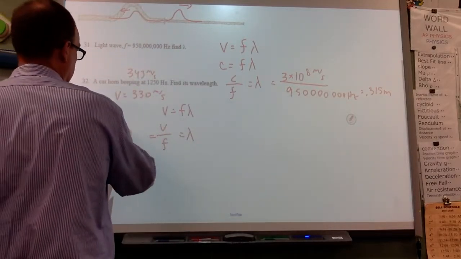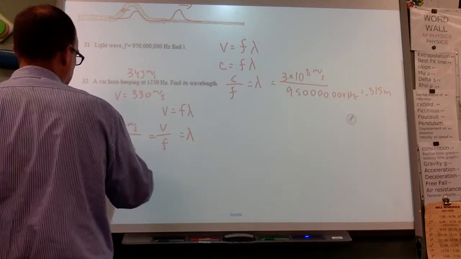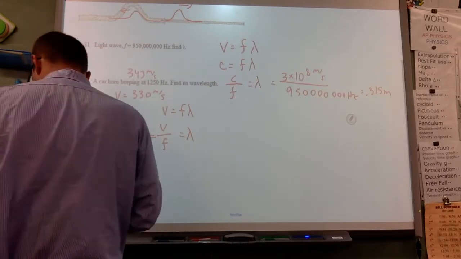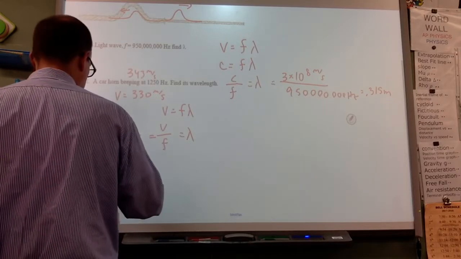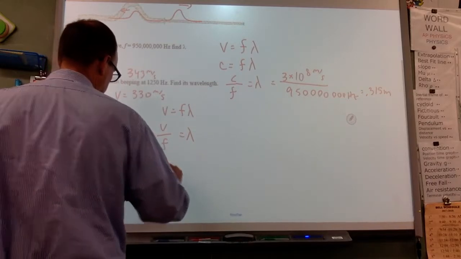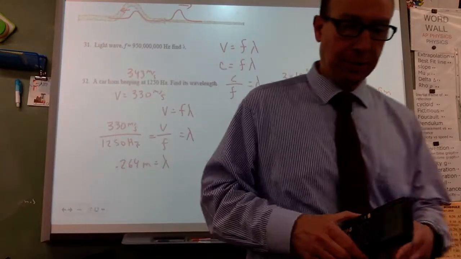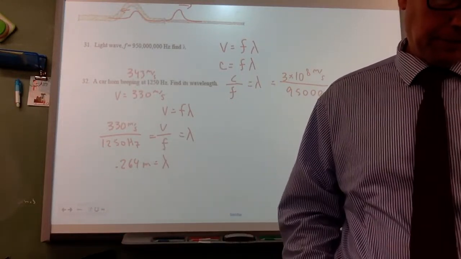So if I use 330, I'm going to have 330 divided by 1250. So it ends up being 0.264 meters.